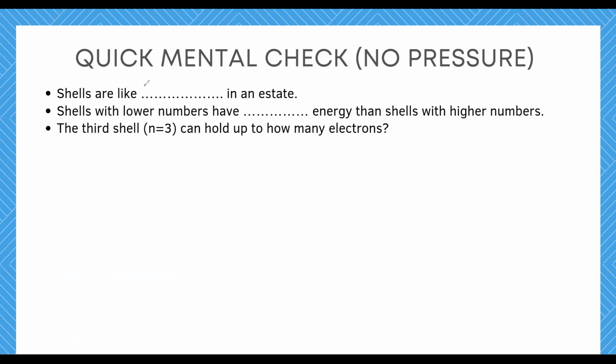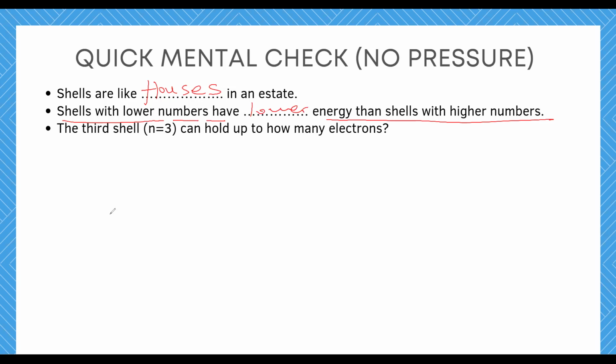Who wants to answer that question? Me, sir. The shells in an atom are like the houses in an estate. Now, shells with lower numbers have dash energy than shells with higher numbers. Who wants to answer that question? Lower energy. Thank you.